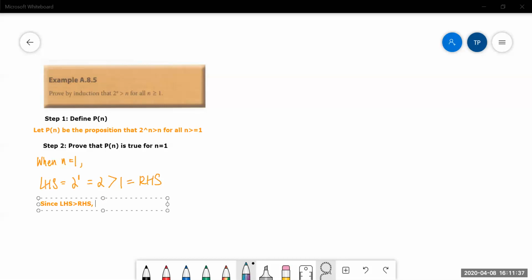Correct, because the 1 is the one that is equals to right hand side.